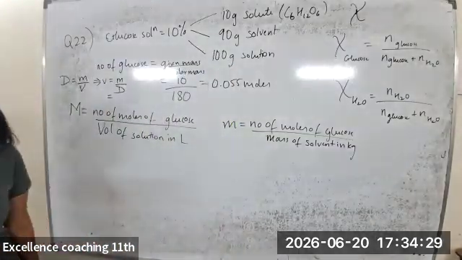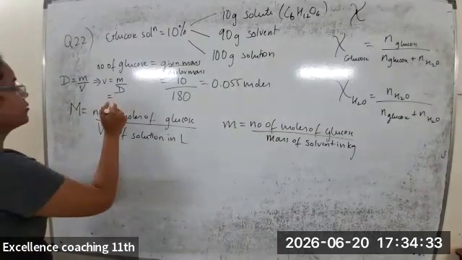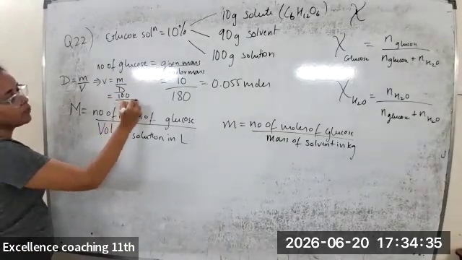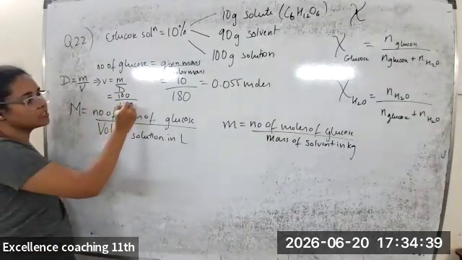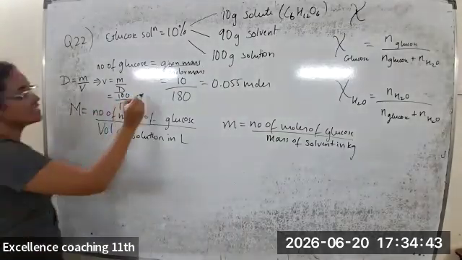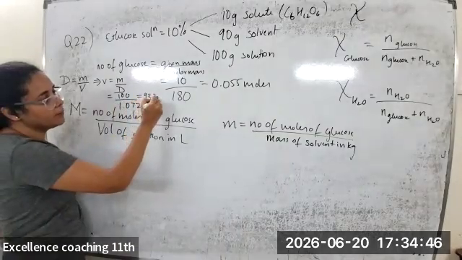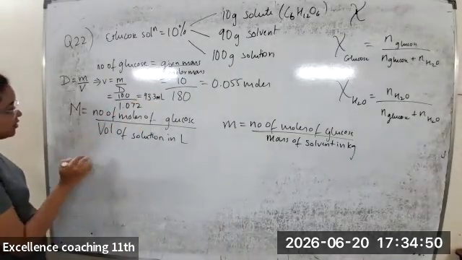Solution, right? Density is always for solution. Because of that, we take 100. So 100 divided by density, which was 1.072. So you get the answer as 93.3 ml. Basically, this volume we have to substitute here.